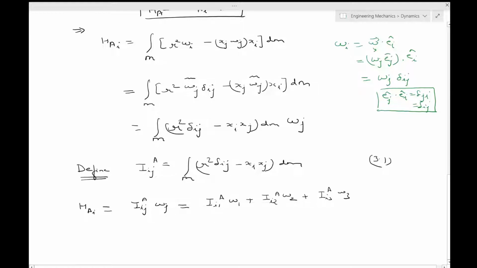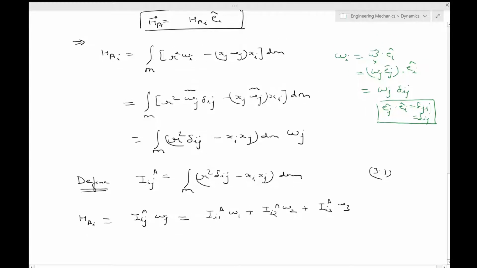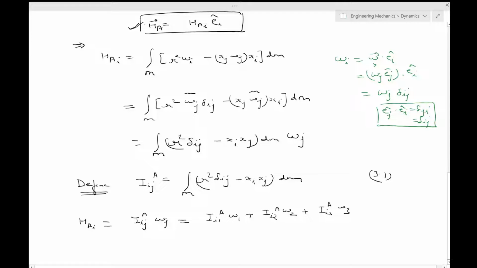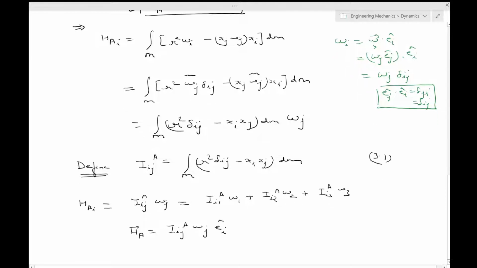Okay, now the overall vector, this one, can now be written as HA is equal to, what is HA of i? That is IijA omega j into ei hat.